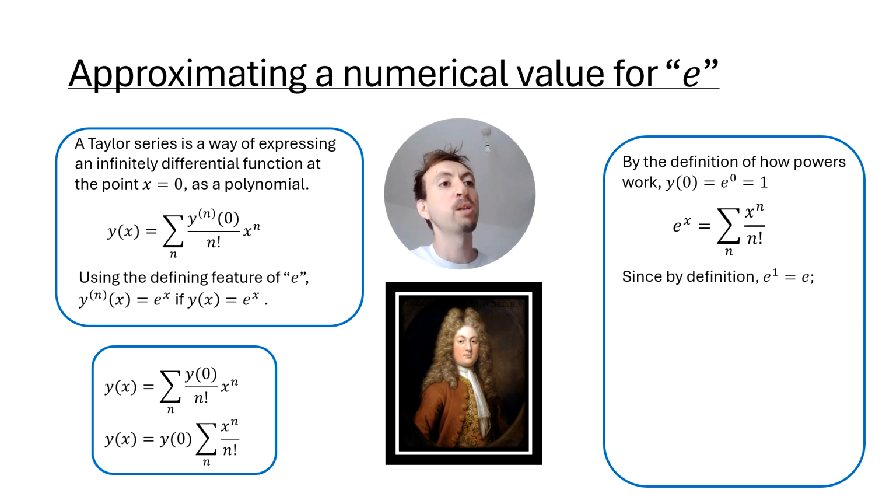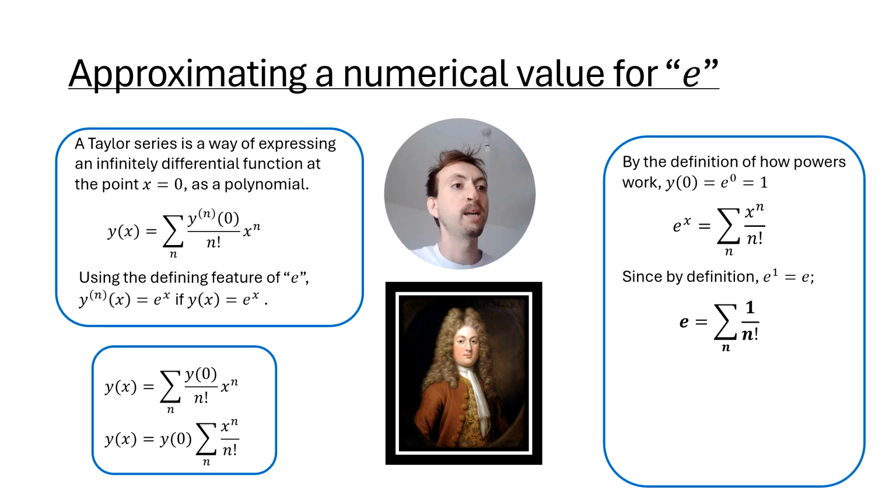And we can use the property that 1 to the n is going to be 1 for all real numbers n. Now it's worth saying if n was a complex number, this wouldn't work. 1 to the n isn't necessarily equal to 1 if n is complex, but for a real number n, 1 to the n will equal 1.